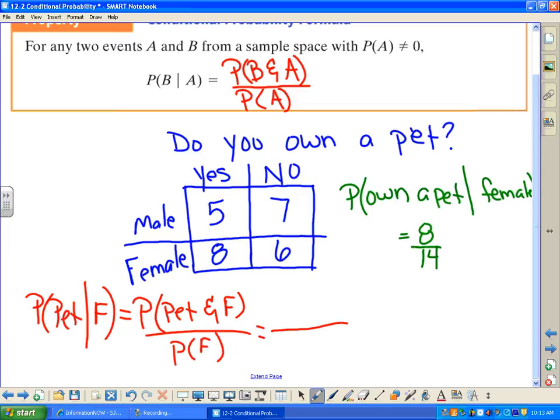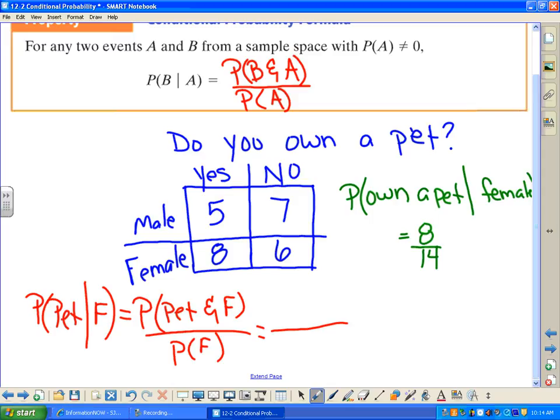Okay, so looking at that whole chart and the whole outcomes, what's the probability that you own a pet and you are female? 8 over what? Wait. Own a pet and are female. How many of those up there own a pet and are female?